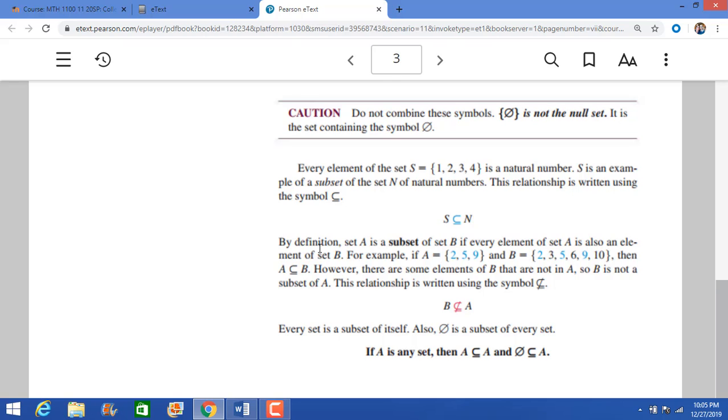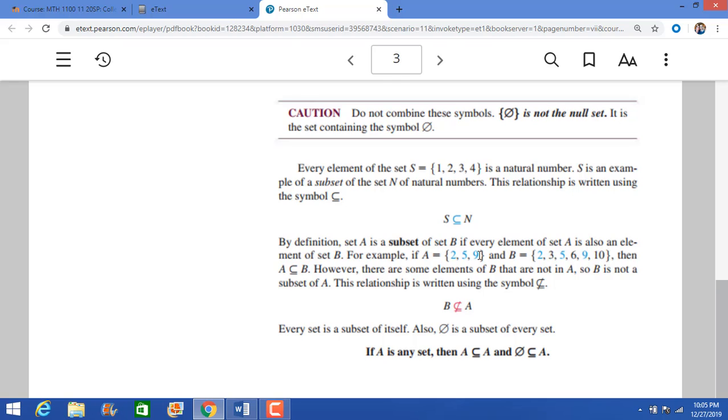Okay, now, by definition, set A is a subset of B if every element in A is also an element in B. So just the way we would think of a subset, okay?